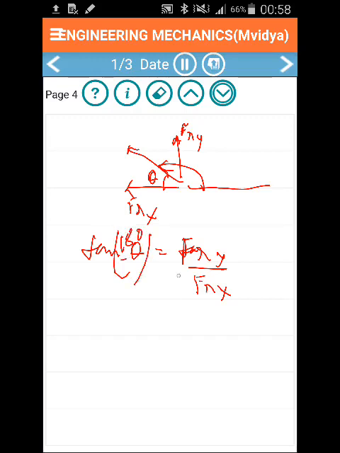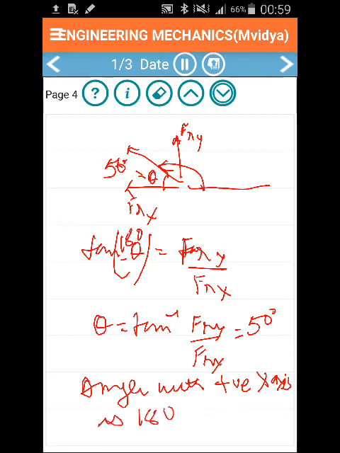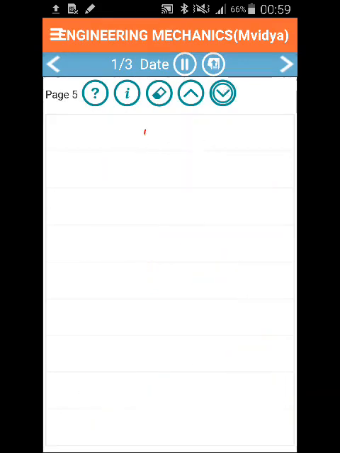Or if I get the value of tan inverse of FRy upon FRx as 50 degrees, then the angle which it makes with the positive x-axis is 180 minus 50, equal to 130 degrees.